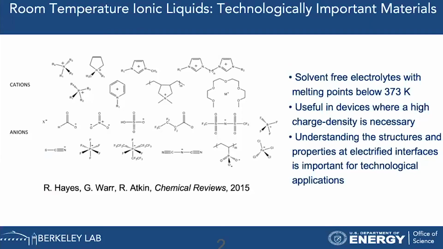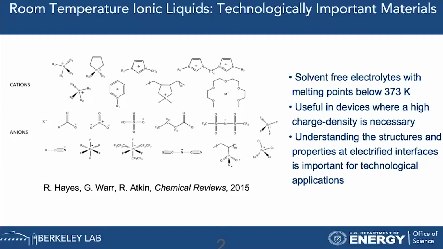So these are useful in a lot of technological applications. They're useful in organic synthesis and chromatography, extractions, but also in devices where one would want to have a high charge density. So examples would be solar cells, batteries, and supercapacitors. And they're composed of some example cations and anions on the left.